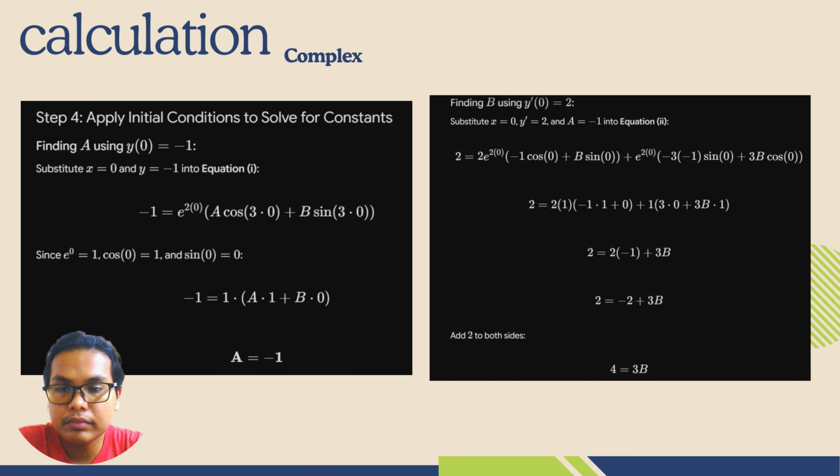Since exponent power of 0 equals 1, cos 0 will be 1 and sin 0 will be 0.